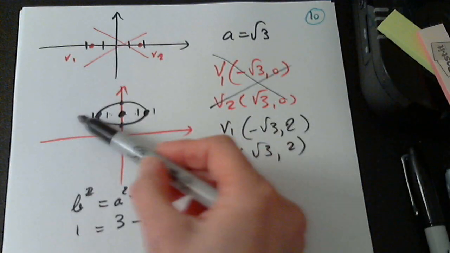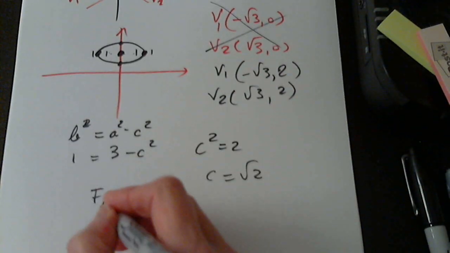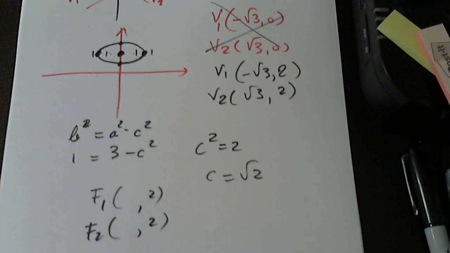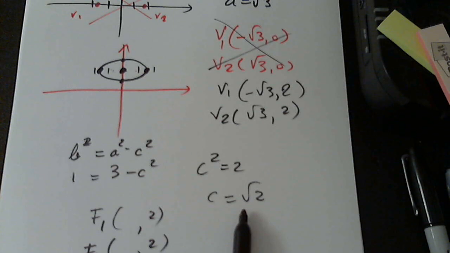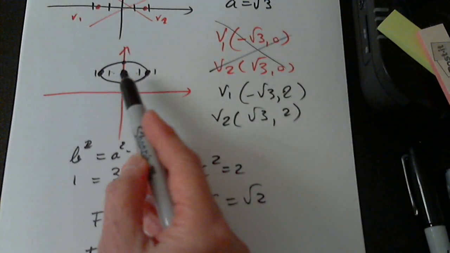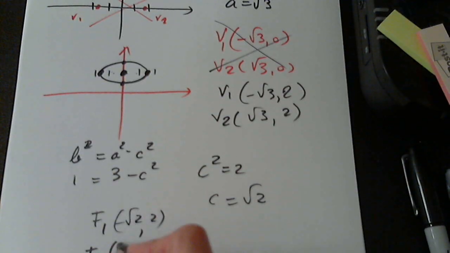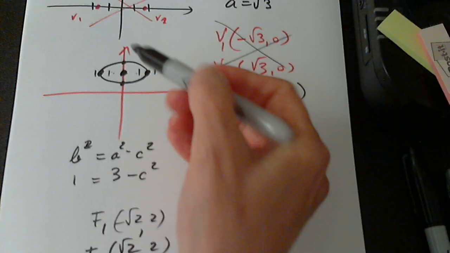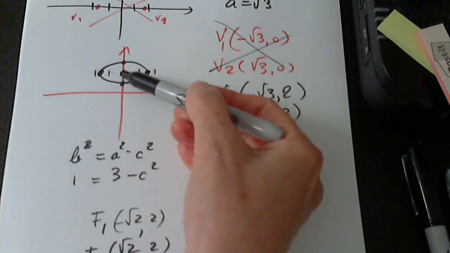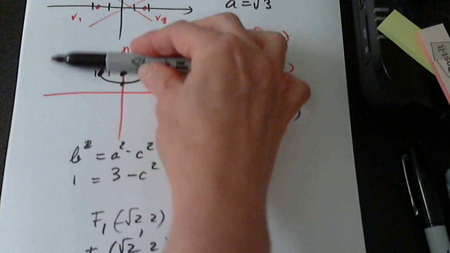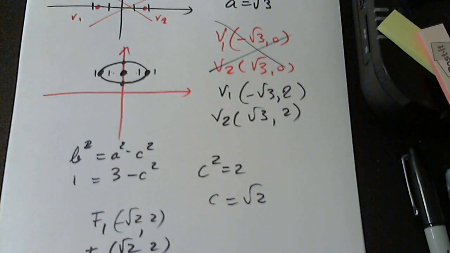The y-coordinate has to be 2. So F1, F2. The y-coordinate must be 2. Now the x-coordinate is negative the square root of 2, positive the square root of 2. Luckily, because the center was nicely positioned, just 2 units up from the origin.